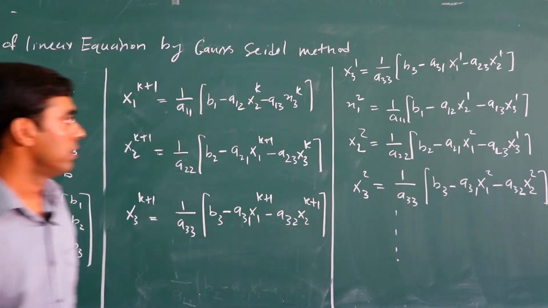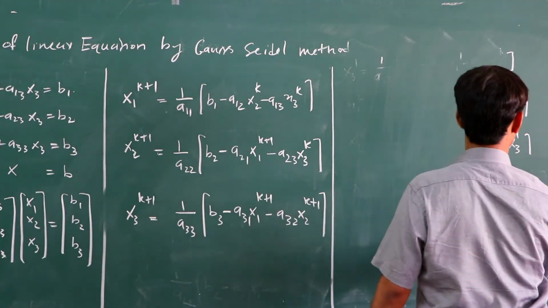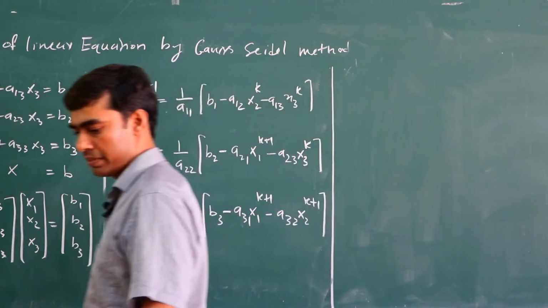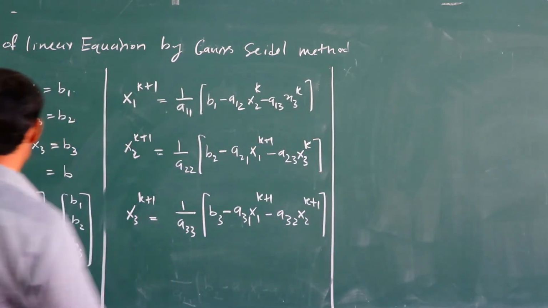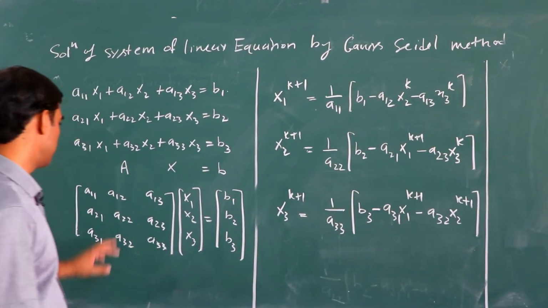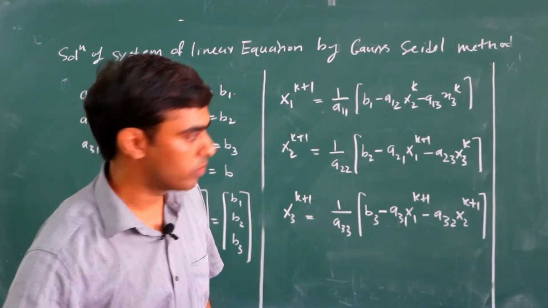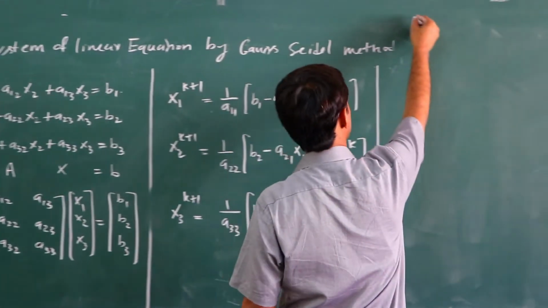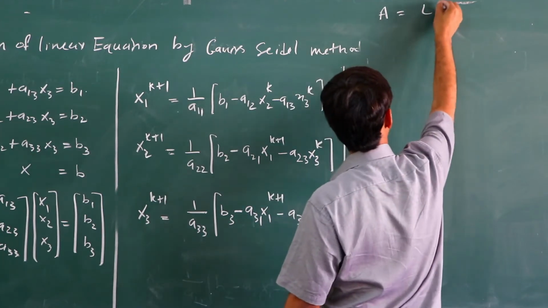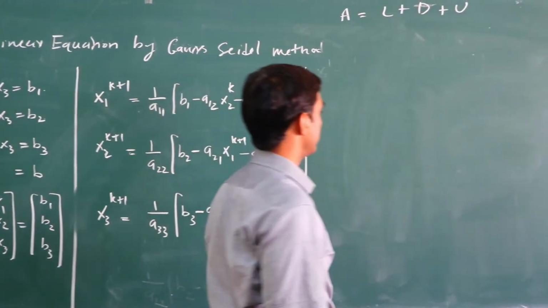Now we try to write this in the form of a matrix. So how do we write this in the form of a matrix? Now this matrix A can be written as a sum of 3 matrices. A equals L plus D plus U. What is L?